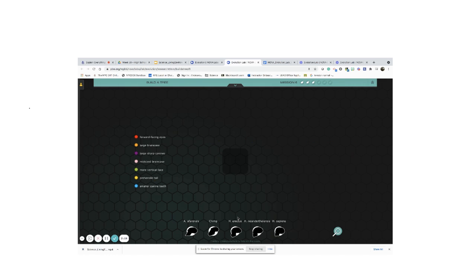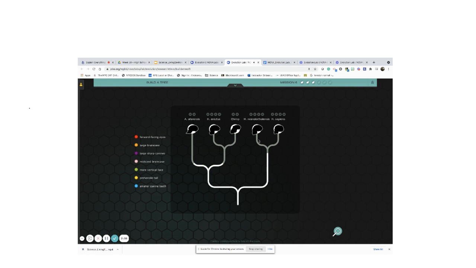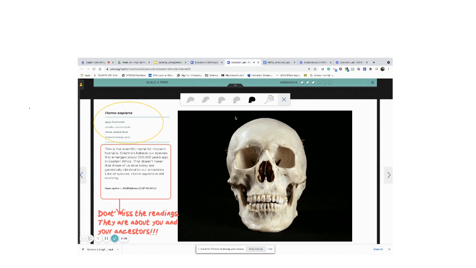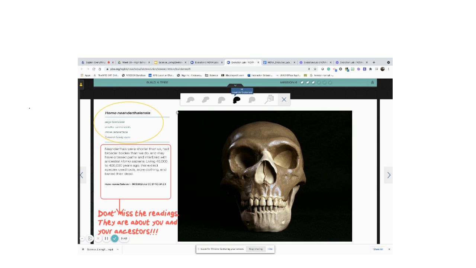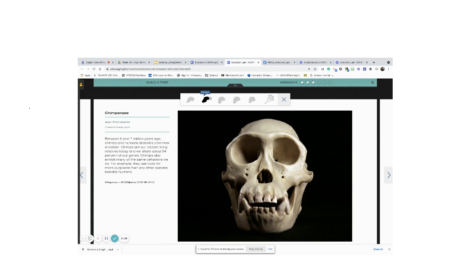Okay, let's go to part number 2 that is going to be based on skulls. Skulls give us a lot of information and we are going to find out some of that information by arranging the skulls that belong or are closely related to our species. Okay, we are looking through the magnifier, and this time we don't have the DNA sequence, but we have all the information that is related to our ancestors.